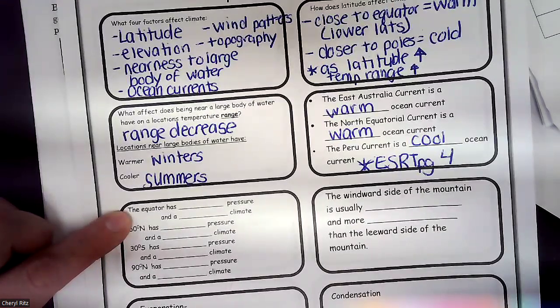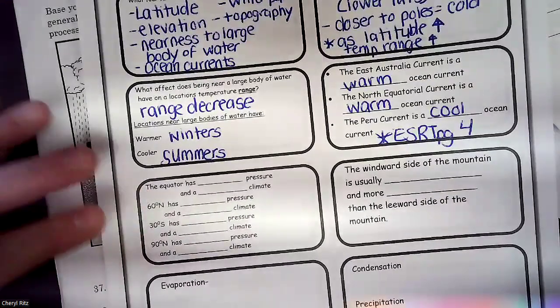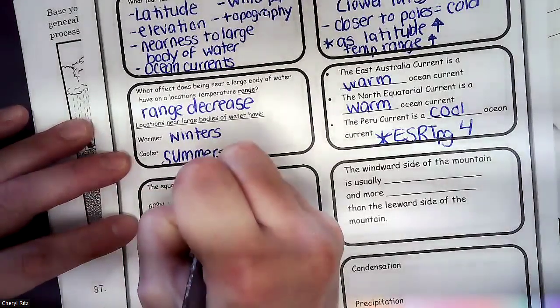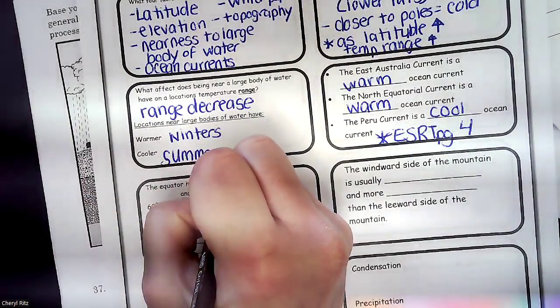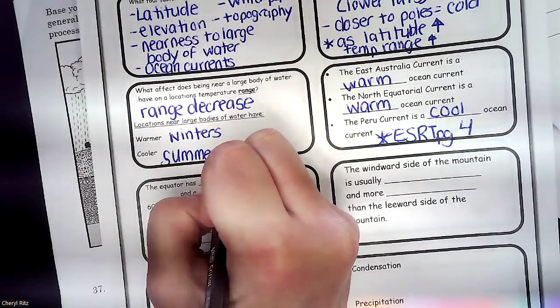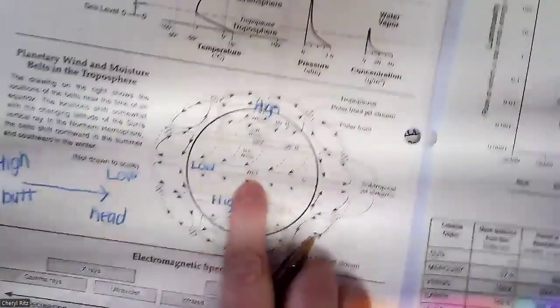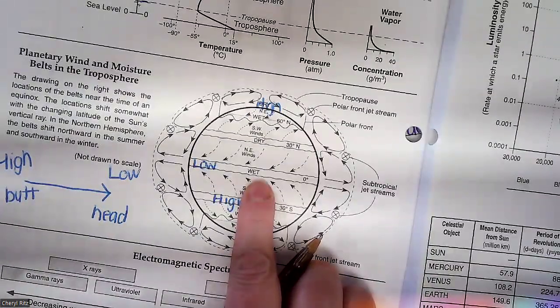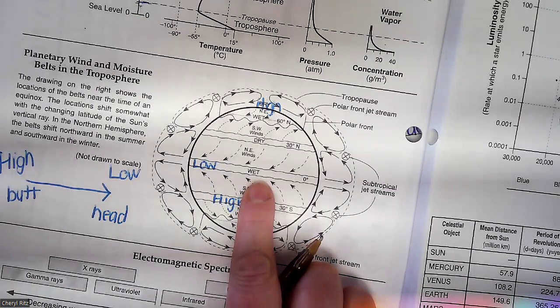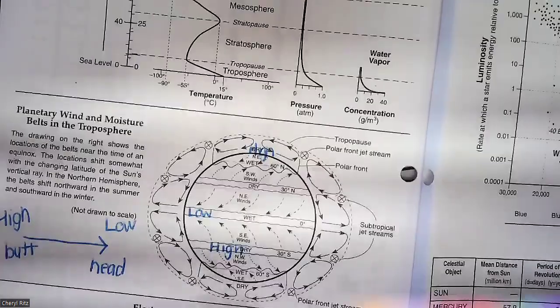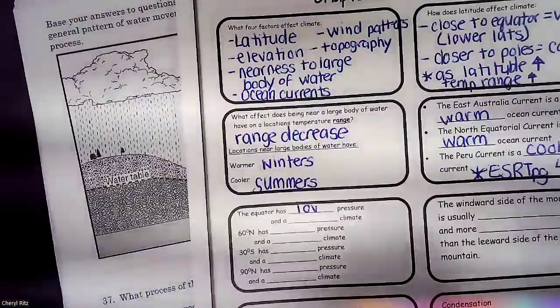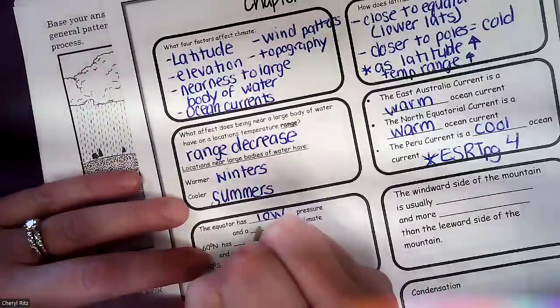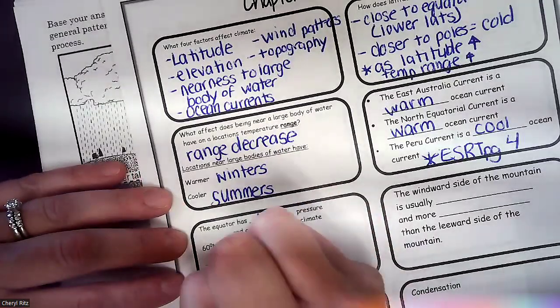How about this? The equator has a blank pressure, high or low? How do we know? Low. The equator has a low pressure. How do we know? One reason is it's wet. There's another reason. The arrows are pointing to it. Wind always goes from high to low. So it has a low pressure and a wet or dry climate.